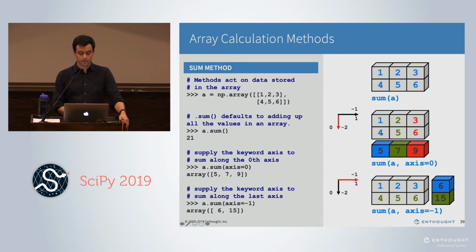So we get the 1 plus the 4, the 2 plus the 5, the 3 plus the 6. That creates a new array that has 3 values, because we got rid of the first dimension, which was a 2, and we're left with only the 3.